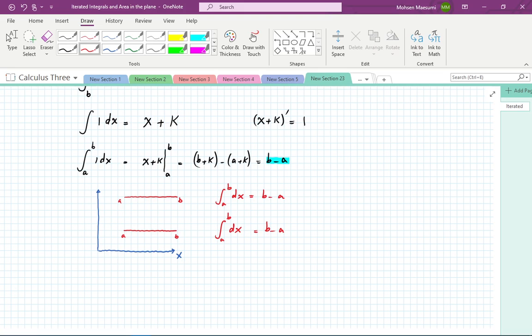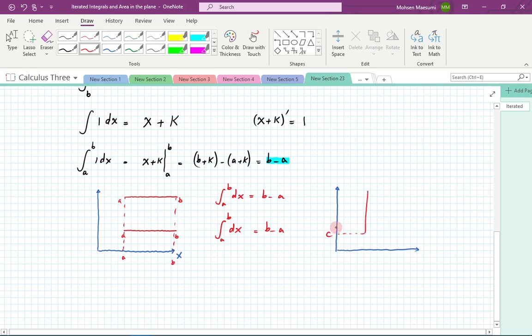Now it doesn't matter what variable I have in my mind, I can do the same thing. So for example, if I choose to go in the direction of y, and I go from some value, this is the c value, so in all of these cases, let's emphasize we are still going from a to b.